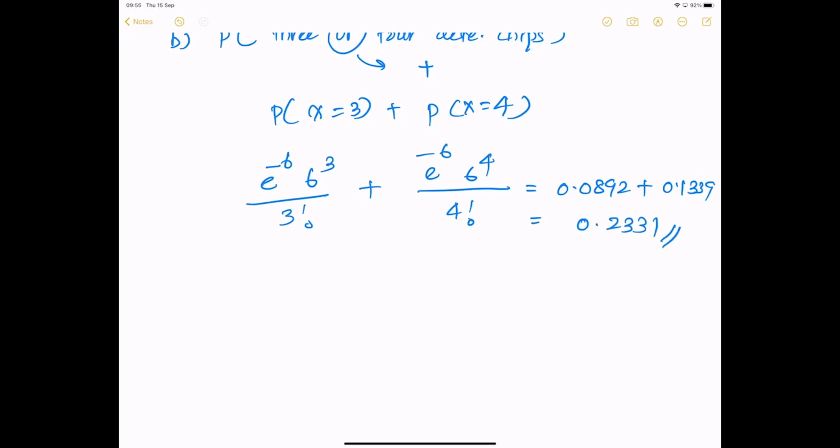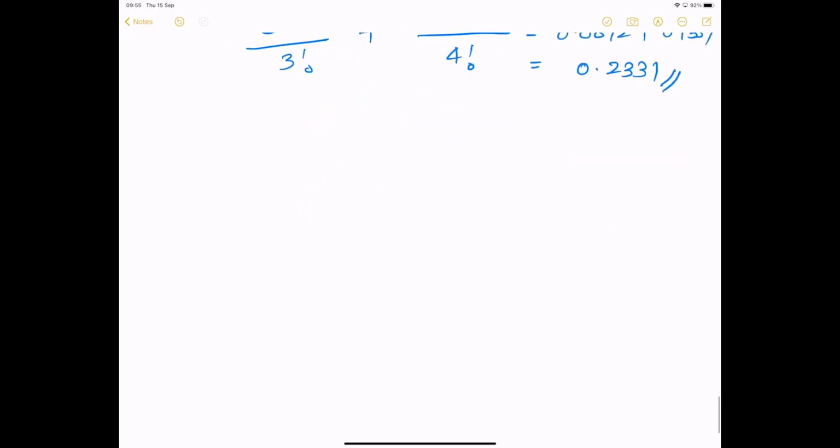So part C: how many cookies in a batch of 100 being sampled should the manager expect to discard if company policy requires that all chocolate chip cookies must have at least 4 chips? Sample size is 100.